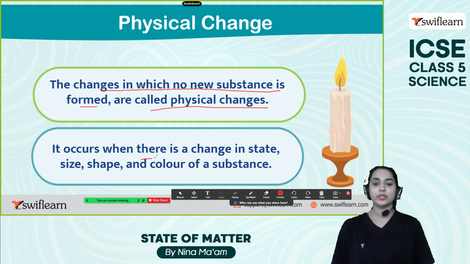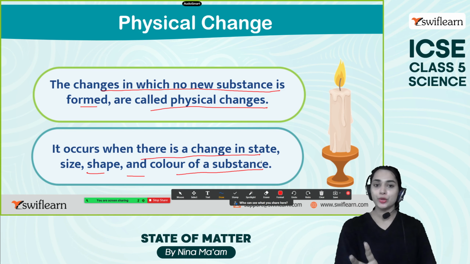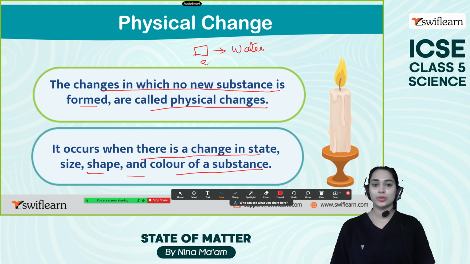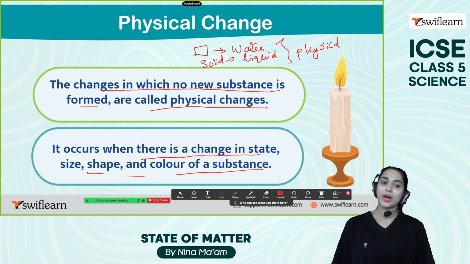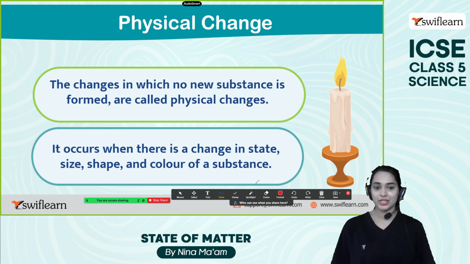It occurs when there is a change in state, size, shape and color of the substance, because this is the ice cube and it will turn into water. So the state will change. This was a solid and it became a liquid. It is a physical change because no new substance is formed.